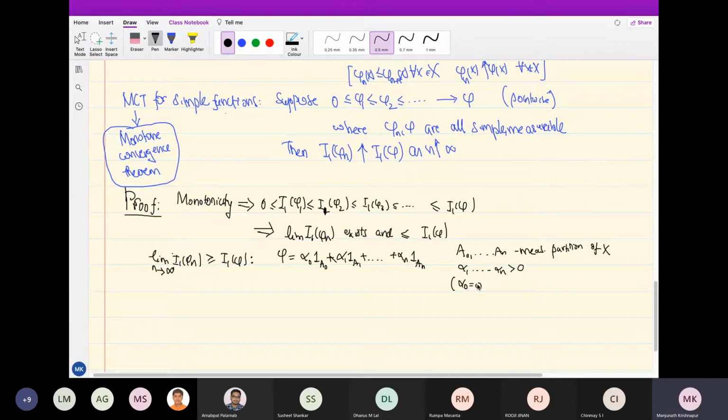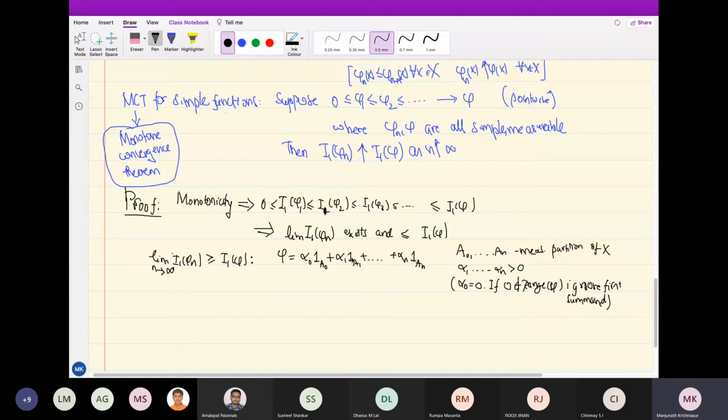So alpha naught is actually 0. But if your function doesn't take the value 0, you can ignore this term. If 0 is in the range of phi, then that part I put as the 0th one. If it's not there, ignore the first sum.